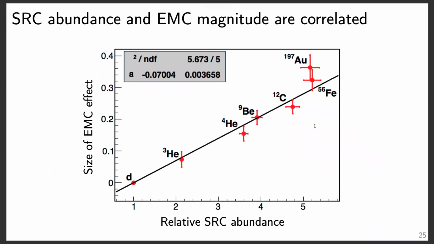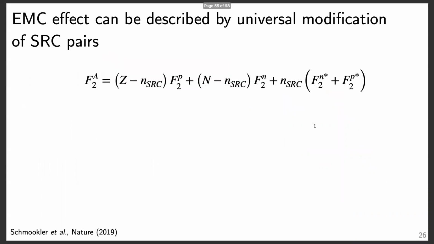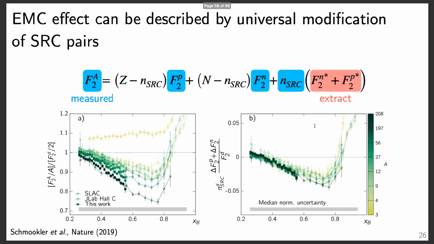There's a correlation between the SRC abundance and the magnitude of the EMC effect, which strongly suggests that there might be a connection here. I think Ellie showed all of this yesterday, so I'll just quickly go through it. You can describe the EMC effect by the universal modification of SRC nucleons, where if you're not an SRC, you just have the free structure functions.